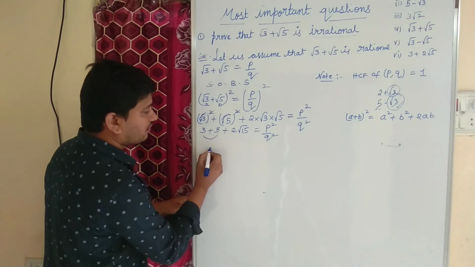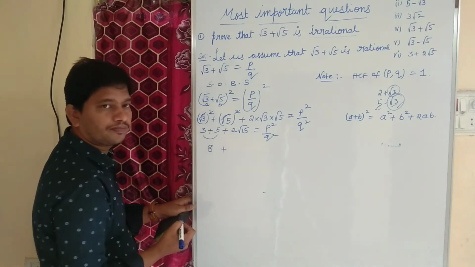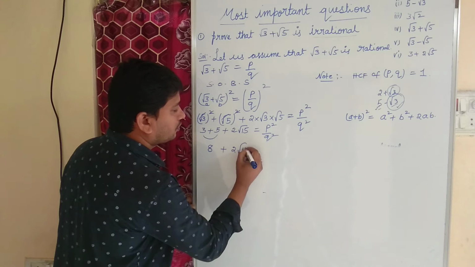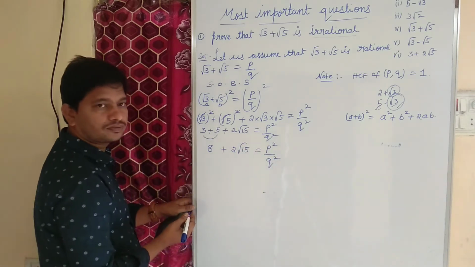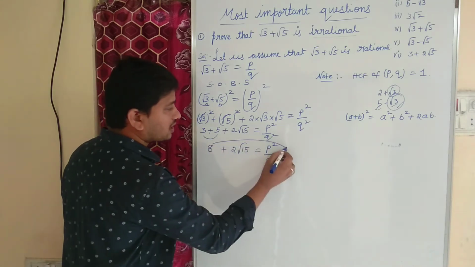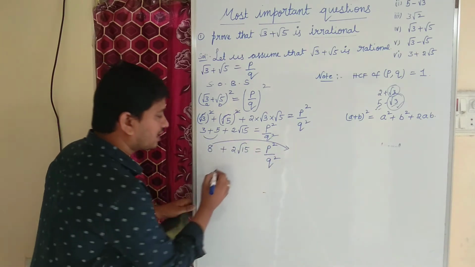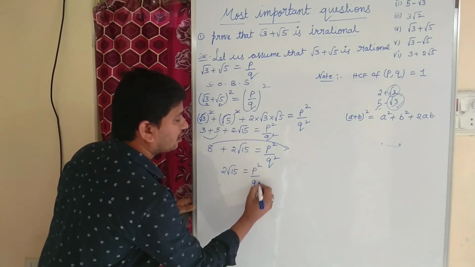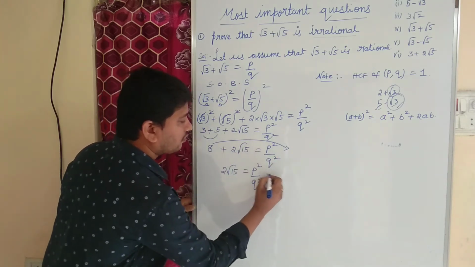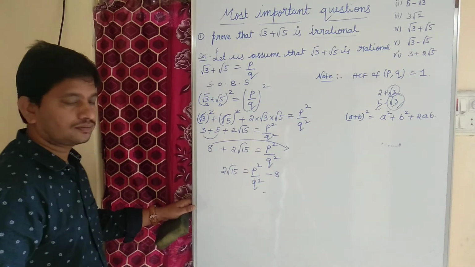So 3 plus 5 is 8, plus 2 root 15 equals p square by q square. So now what you do? You transpose 8 to the right hand side, that is 2 root 15 equals p square by q square, and if you transpose 8, minus 8.